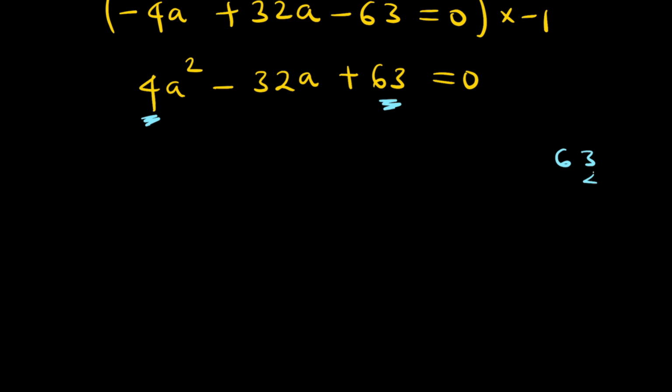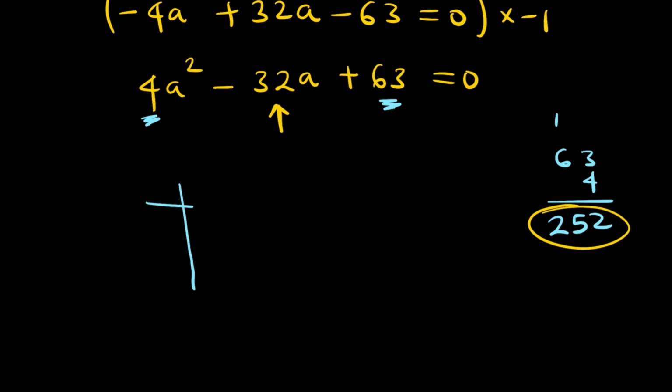So 63 times 4, this is 12, and this is 252. So what do we multiply together to give us 252, such that when added together will give us 32? What I always do in this case is quickly do a long division. I have 252, then I can start with 2. This is 1, 2, 6.